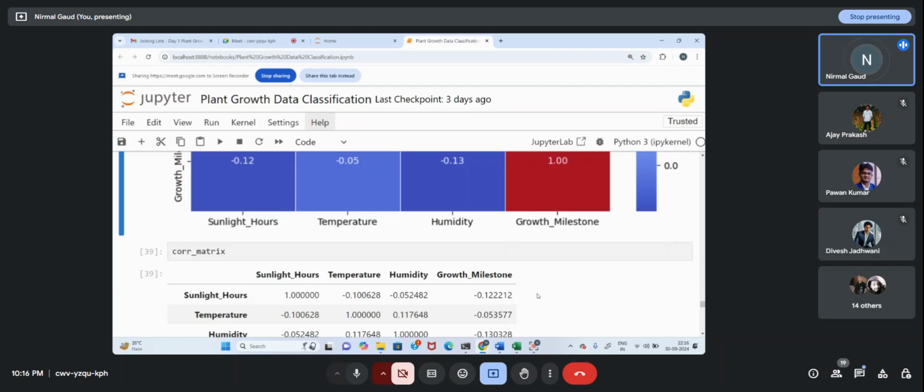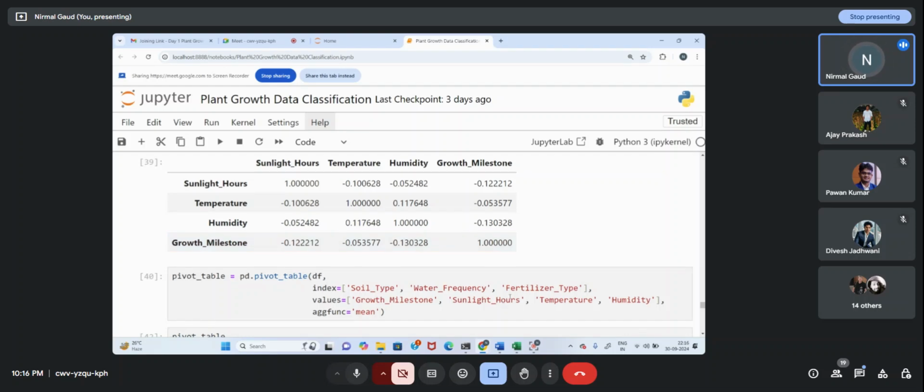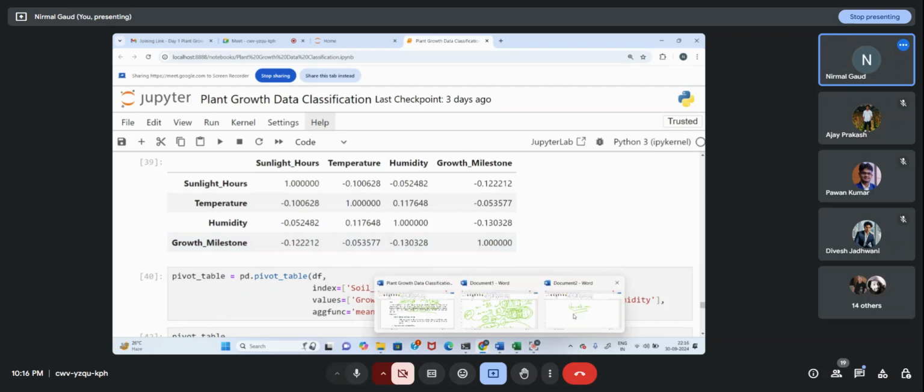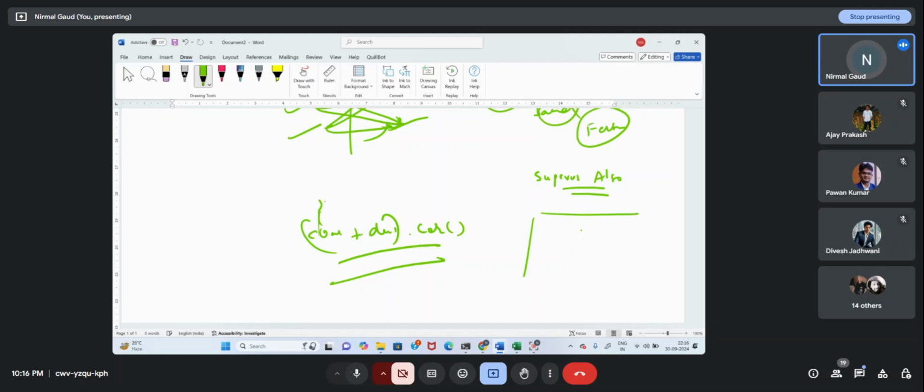Again, there is one part to be considered, sir. Since you are dealing with a supervised algorithm, you have the features and you have the target.